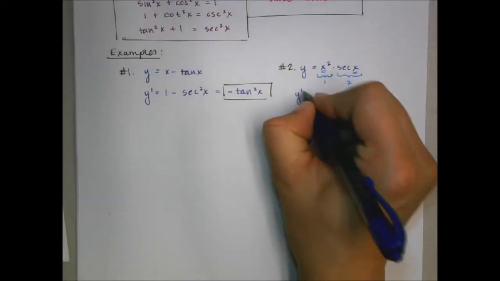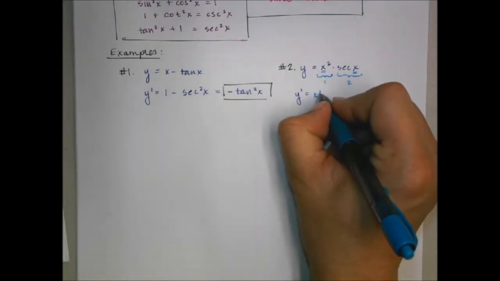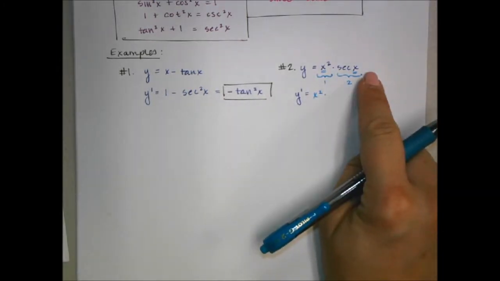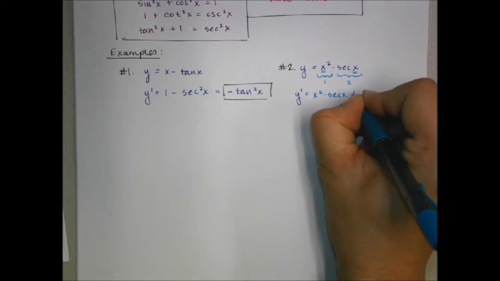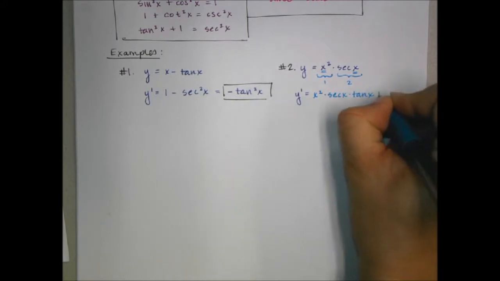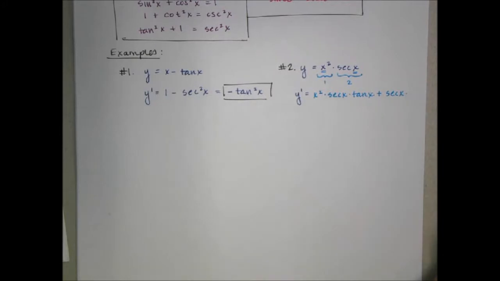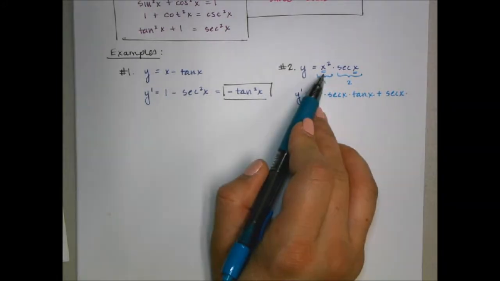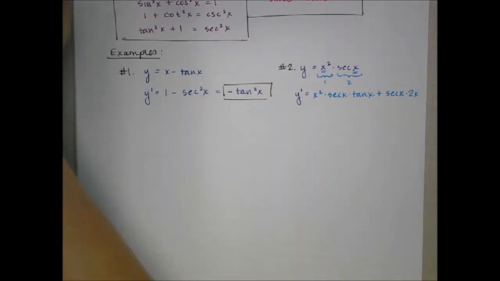Okay, so remember the product rule is first times the derivative of the second. And looking back, the derivative of secant is secant tangent, plus our second term secant times the derivative of the first term. So the derivative of x squared is going to give us 2x. So again, you would clean up anything that you can here.